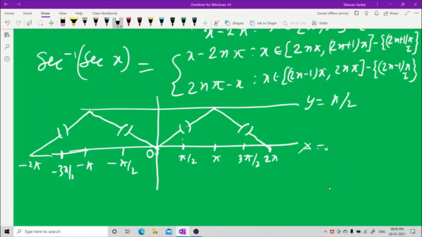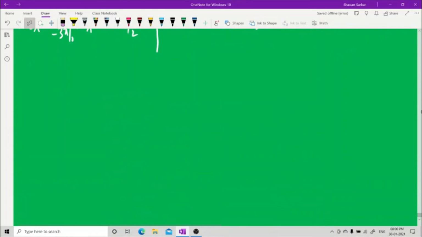No change. Now the last of this is cot inverse cot x. Cot inverse cot x. See. So now the fifth, 3, 4, 5. I think this is the fifth one or sixth one. Just a minute, let me check this one.